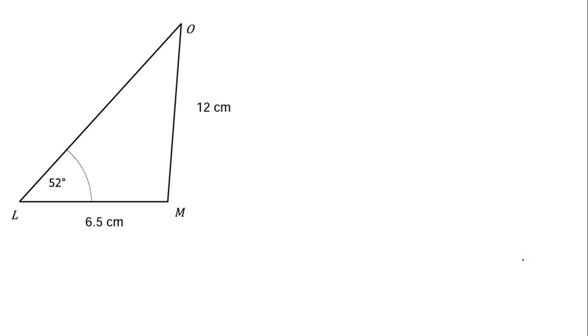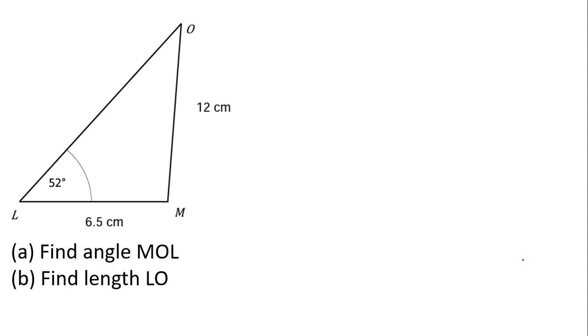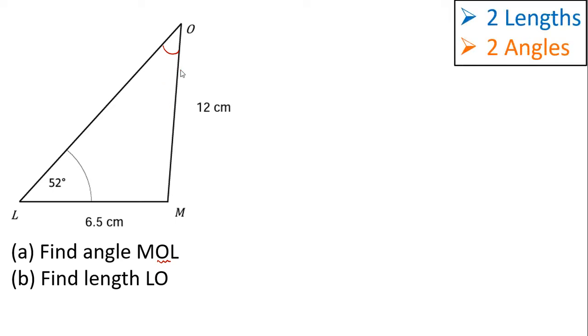So today's question is this: a triangle LMO, and it says find angle MOL. So MOL is basically this middle angle that they're always talking about. So O is the angle we have to find. Now, keeping in mind that sine rule has two lengths and two angles, and the formula is sine A over a equals sine B over b.